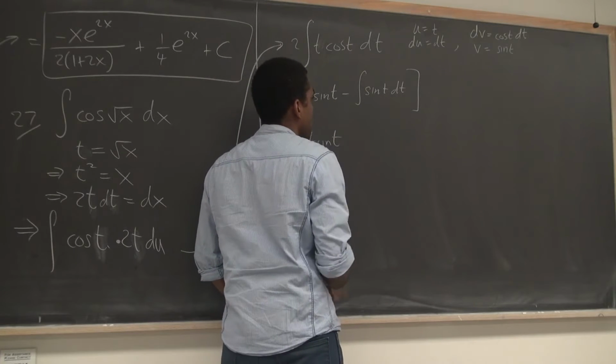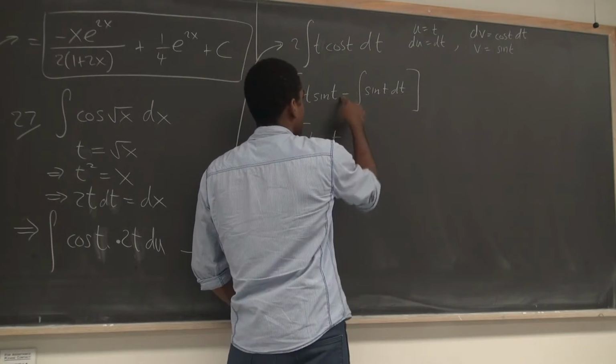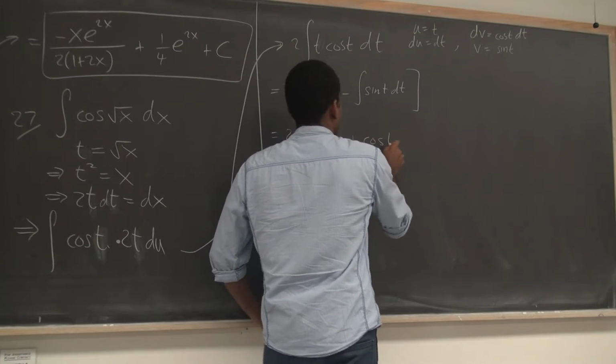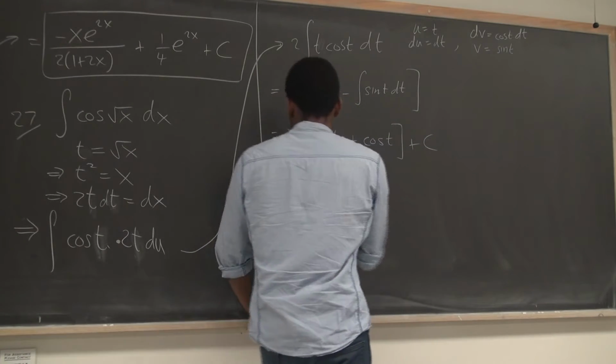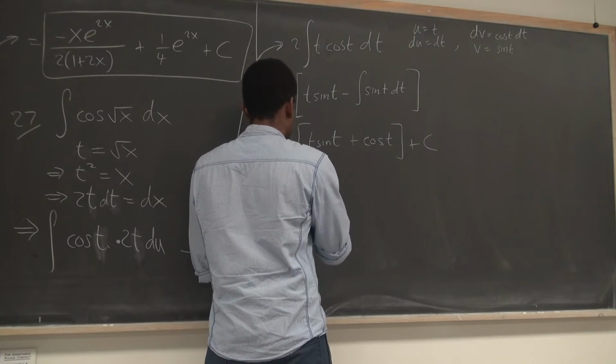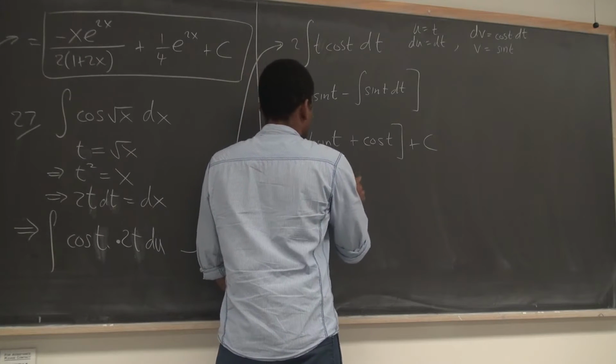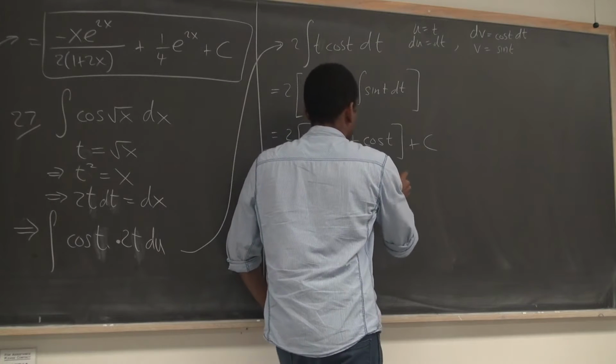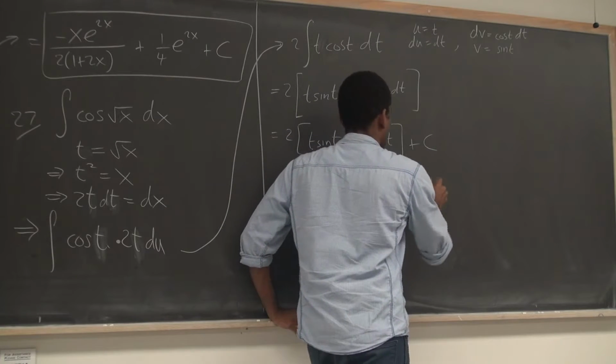The integral of sine is negative cosine, so minus cosine, which changes this. And now we back substitute for the t. T was radical x, so this just becomes radical x times sine of radical x, plus cosine of radical x.